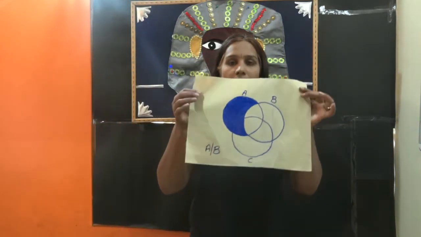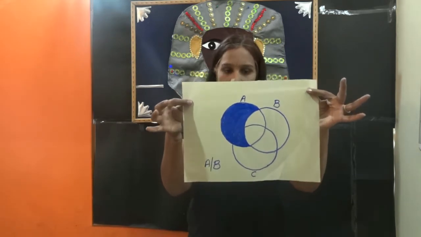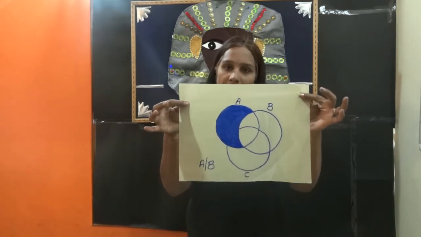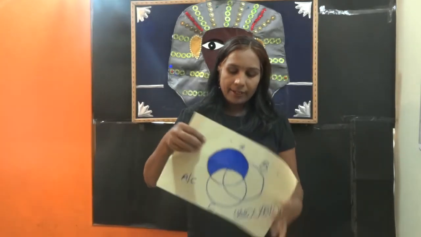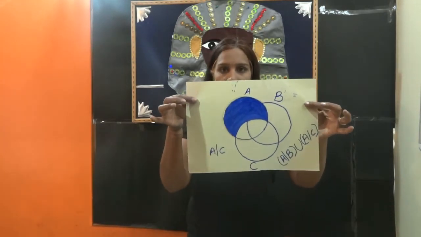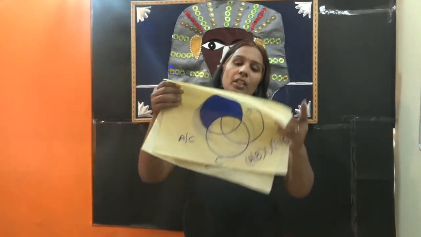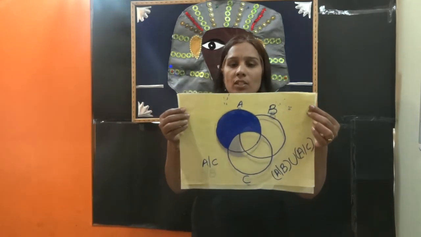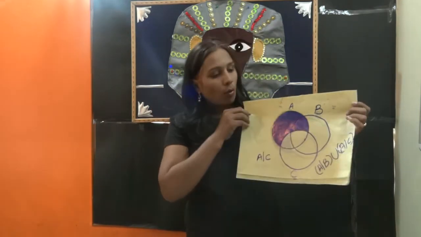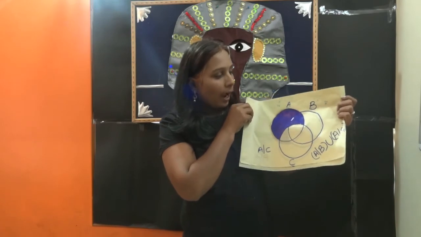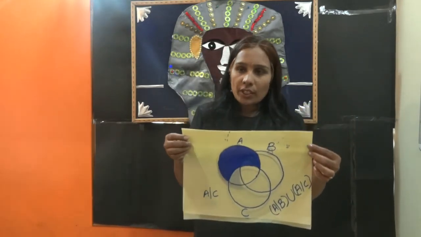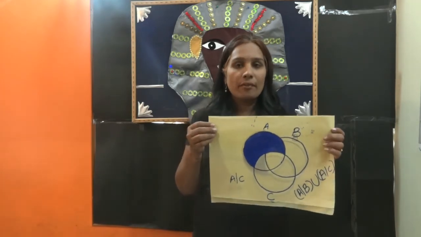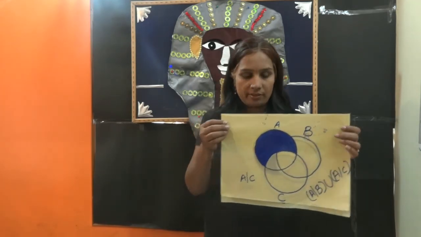This is A difference B. You can perform A difference B on one sheet, and this is A difference C. To perform union between these two sheets, you keep one sheet over the other, and as it is a union operation, you consider all the areas which have got shade.